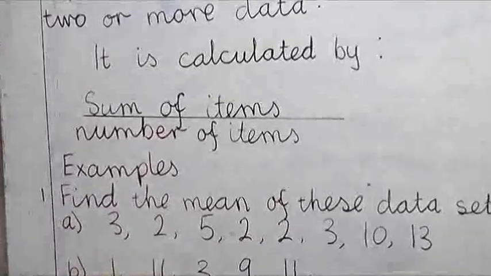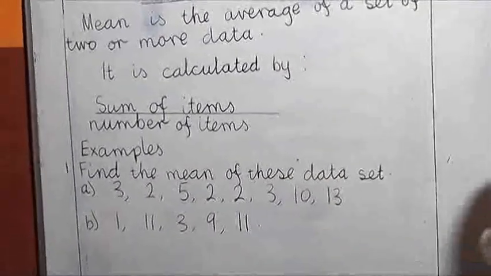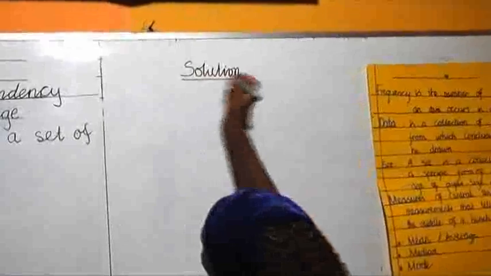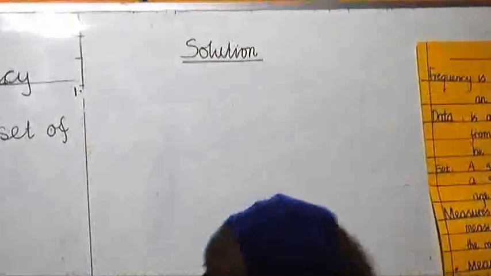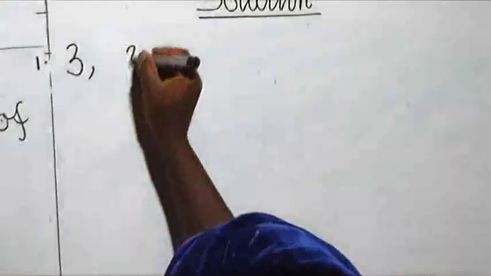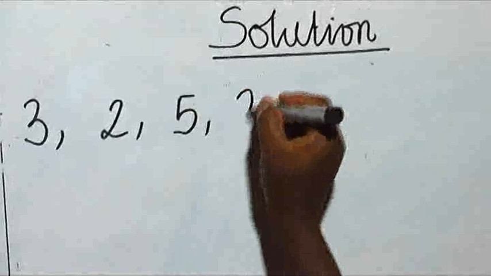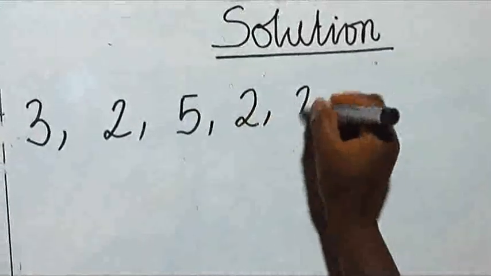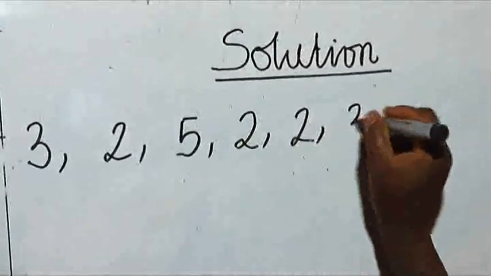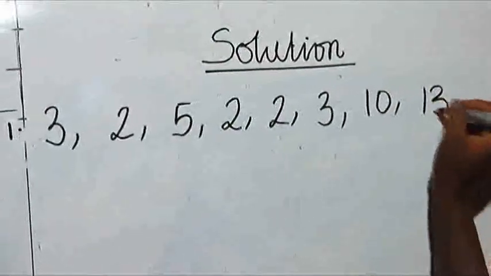Now let's see how we are going to solve this example we have on the board. The first one there we have 3, 2, 5, 2, 2, 3, 10, and 13.